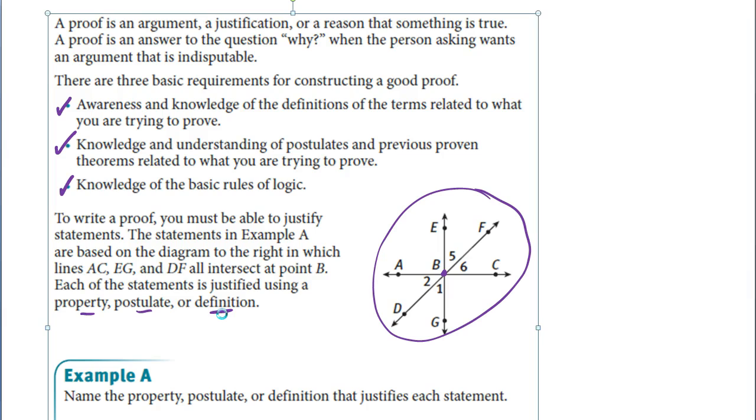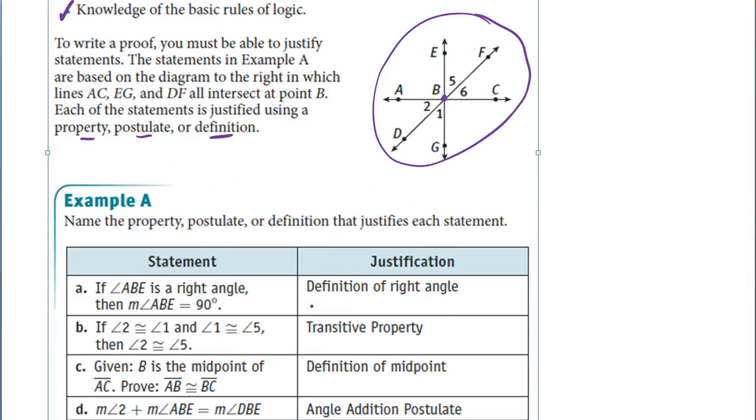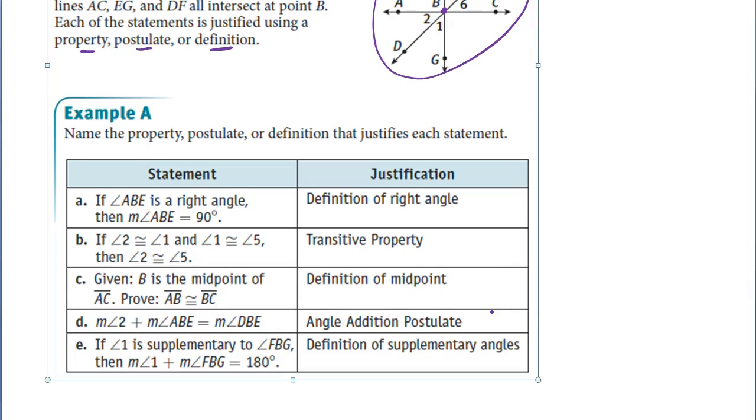Recall that earlier this year we have worked with some algebra proofs where essentially we're solving equations and then writing a reason for each step. These are geometry proofs about shapes. So example A, name the property, postulate, or definition that justifies each statement. So imagine that this column here was blank and we were coming up with these reasons.